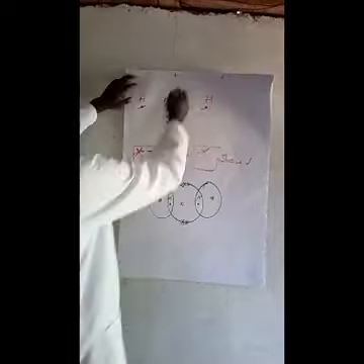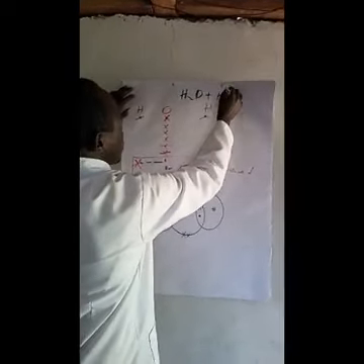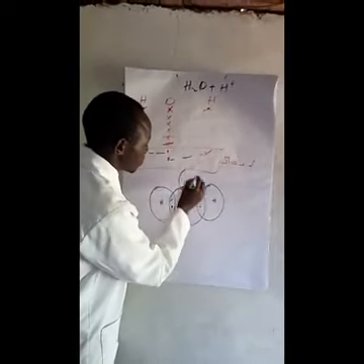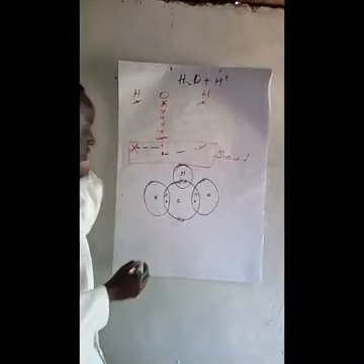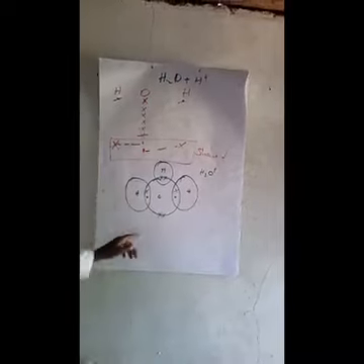Now the incoming hydrogen, we said this is H2O plus a hydrogen ion. The incoming hydrogen ion uses these two electrons. So you have that, and this is now H3O plus.